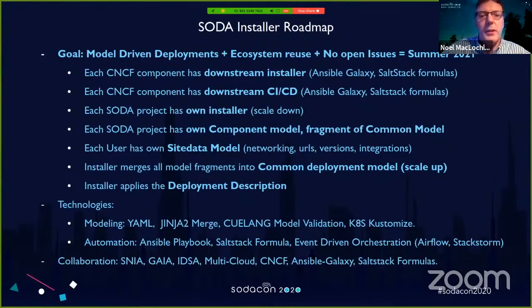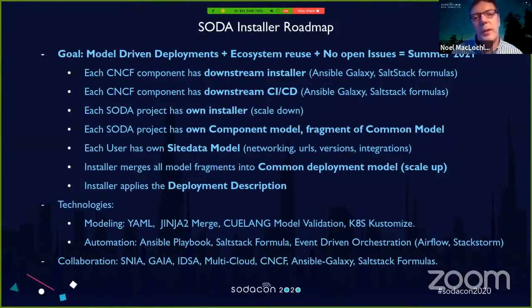So I think the SODA installer roadmap really is the goal. My goal really is to have a model-driven deployment, and the model will be defined in YAML. It'll be very standard YAML, because YAML is a very universal, simple data renderer. It's widely known. It's widely used in Ansible, Salt, Kubernetes, Helm. Everyone understands YAML.